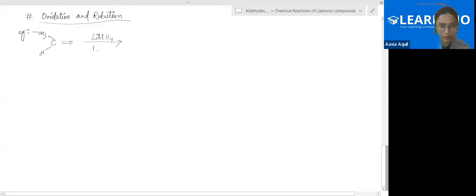So on reduction, this LiAlH4 will reduce this carbon aldehyde into alcohol, primary alcohol you will get, like CH3CH2OH.